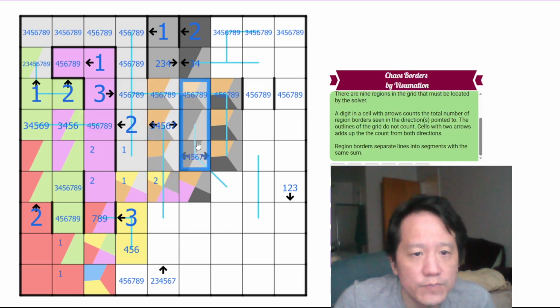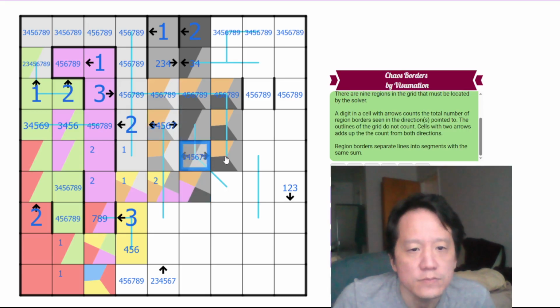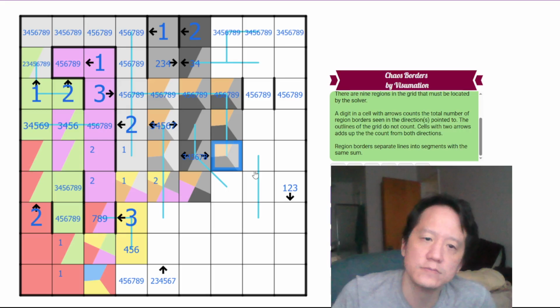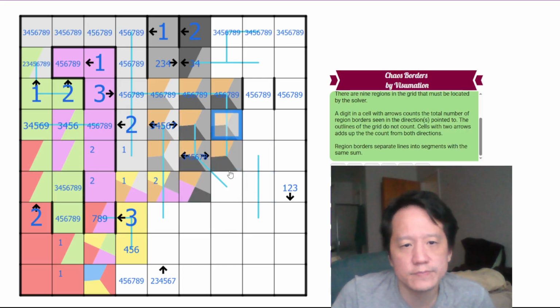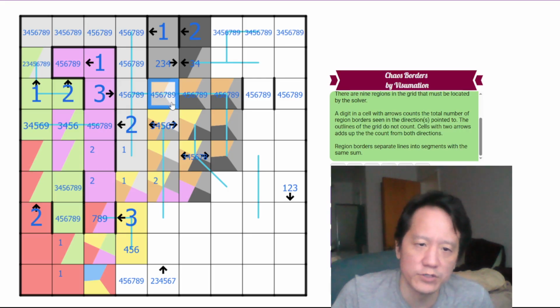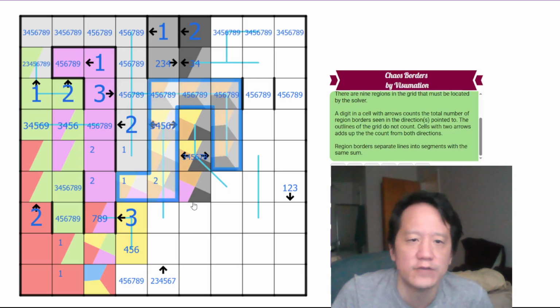Let's see. So this is bounded here. Obviously, I guess this could be orange too. Yellow could technically go here. Yellow could go here too. Yellow cannot go to here because then it would be 1, 2, 3, 4, 5, 6, 7, 8, 9, 10, 11.